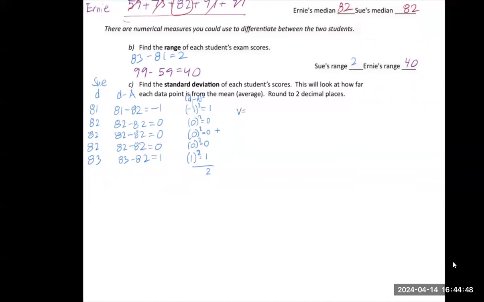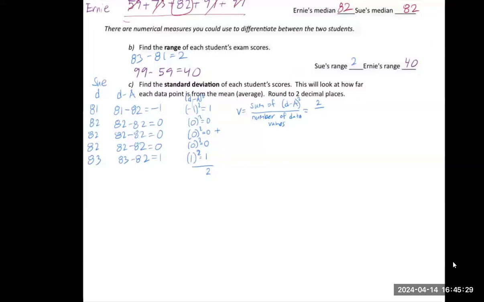So the variance is the sum of those differences from the average squared, all over the number of data values, because that's the number of numbers that we added together over here. 1, 2, 3, 4, 5. So our sum is 2, and we need the total number of data values.